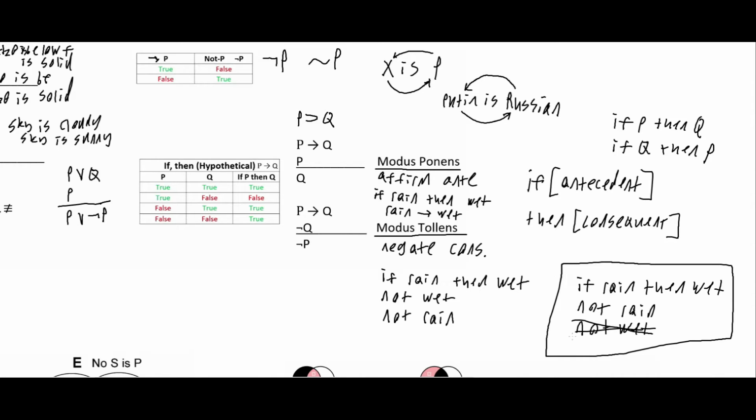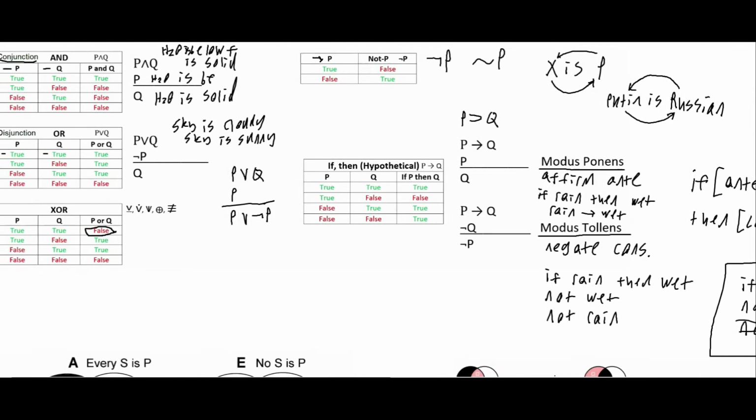So we cannot deny the antecedent to deny the consequent, and we can't affirm the consequent in order to affirm the antecedent. It only works if you affirm the antecedent to affirm the consequent, or negate or deny the consequent in order to negate or deny the antecedent. And so those are how hypotheticals work.